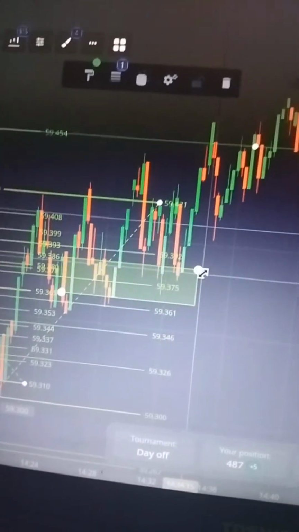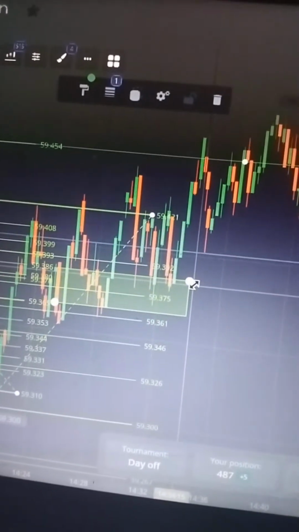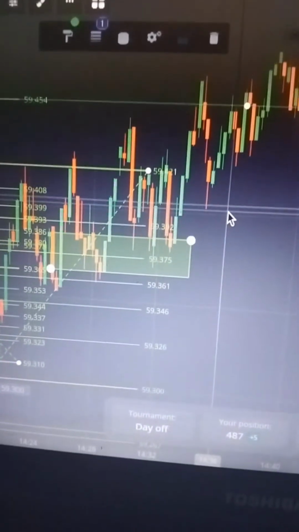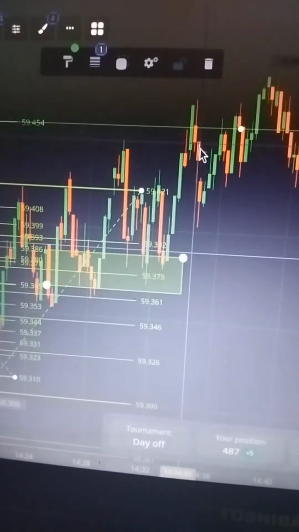Trend lines are also liquidity traps. I showed you in my previous episodes that they are used as traps. The price will just pop a little bit and then collapse, right?